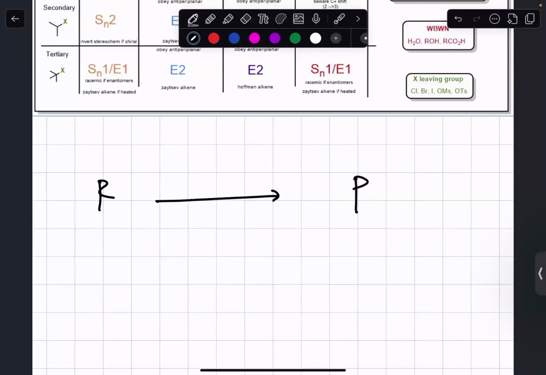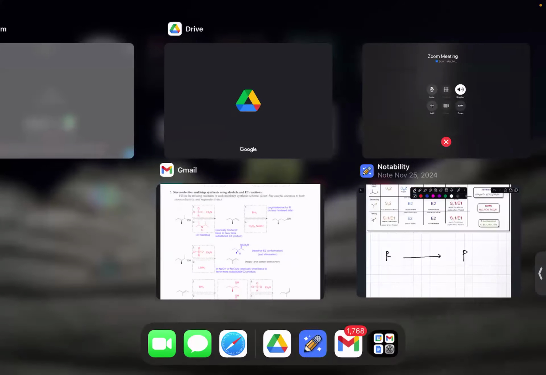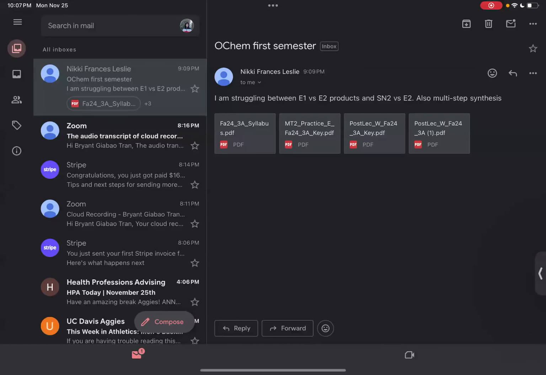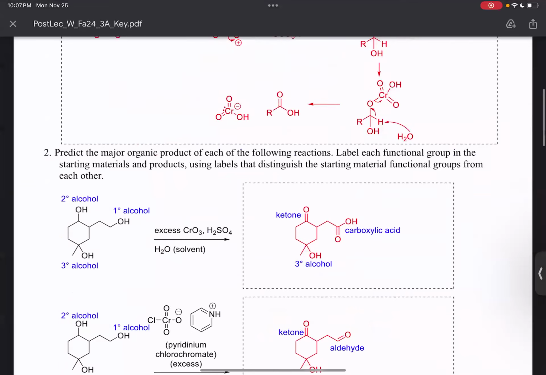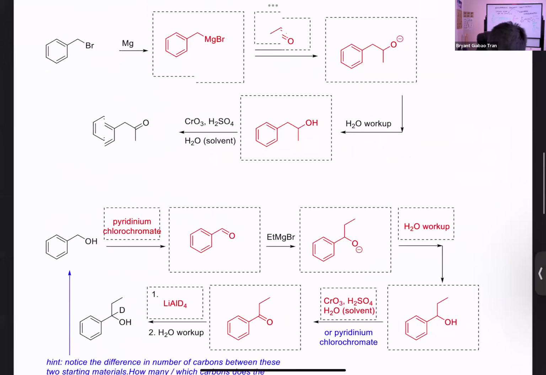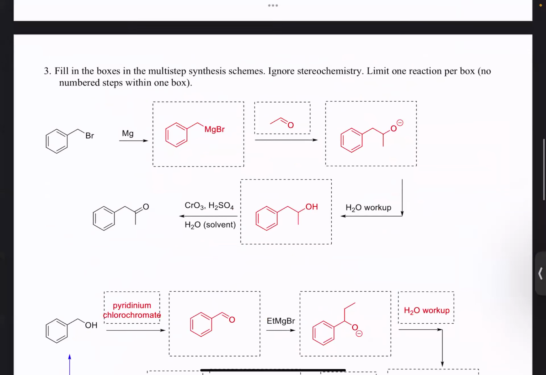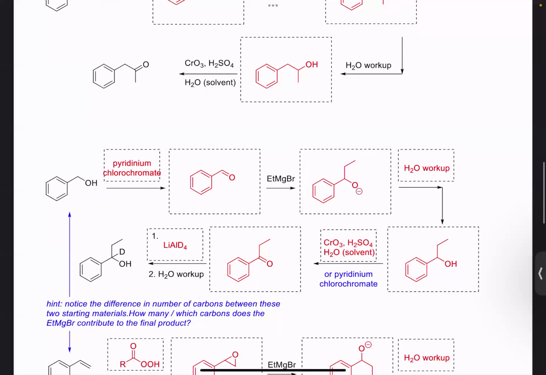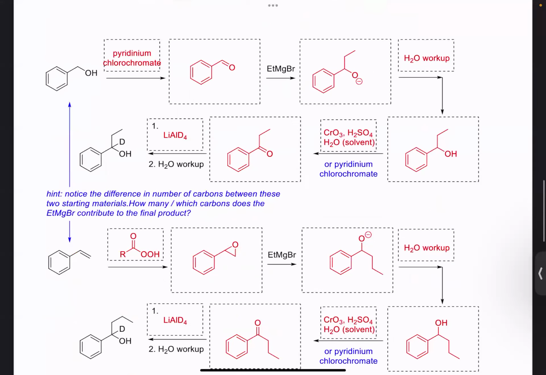Did I send you the worksheet? Post lecture W. Let's see here. Oh, this one? Yeah. How would you go about this? There is a whole thought process on this: retrosynthesis, going backwards, cutting bonds, disconnecting them, forgetting what the nucleophile and electrophile are.